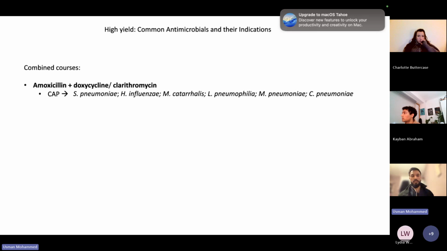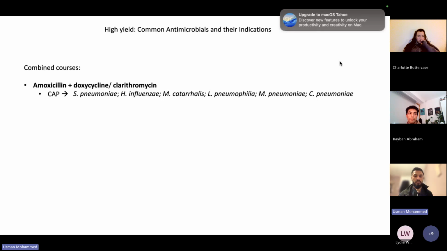And this is, for the person who mentioned pneumonia, for combined courses. So amoxicillin, doxycycline, clarithromycin, that was for CAP. Most common causative organisms here: Streptococcus pneumoniae, Haemophilus influenzae, Moraxella catarrhalis rather, Legionella, Mycoplasma.